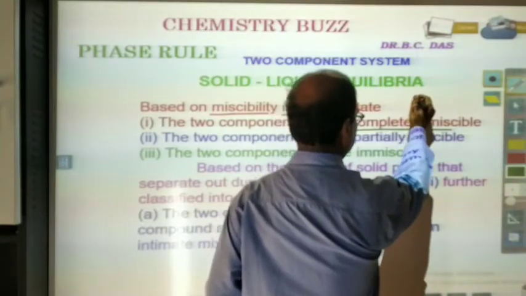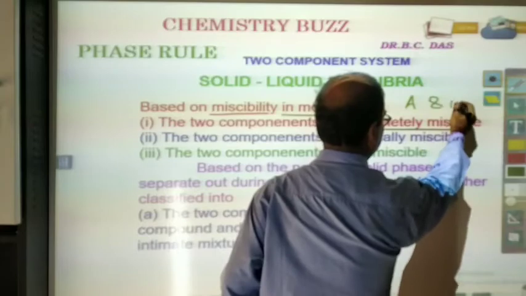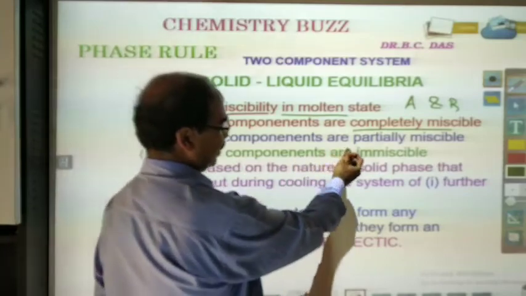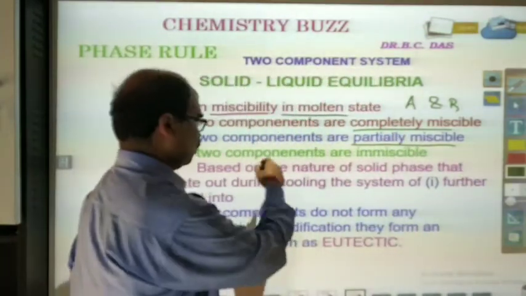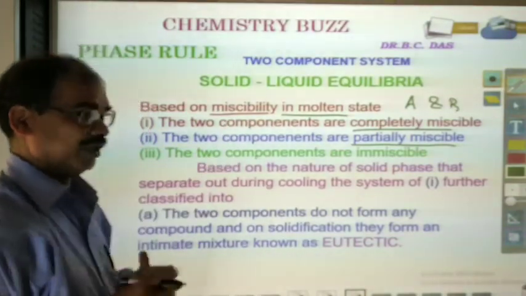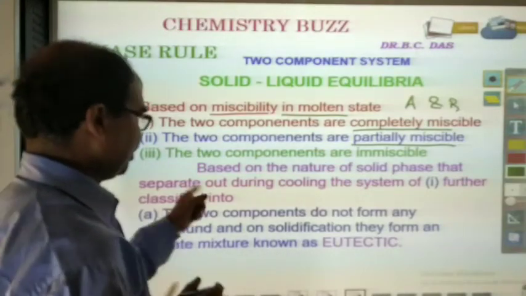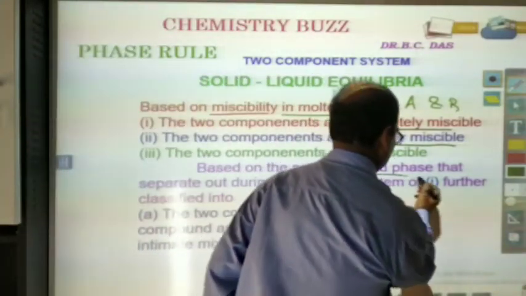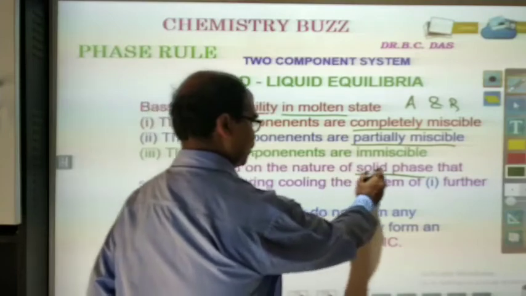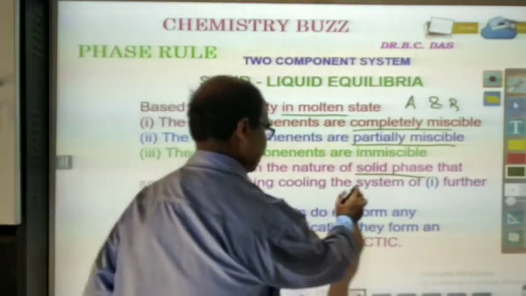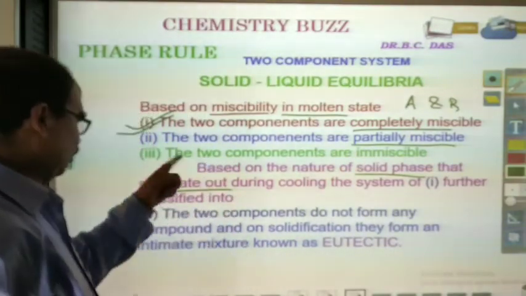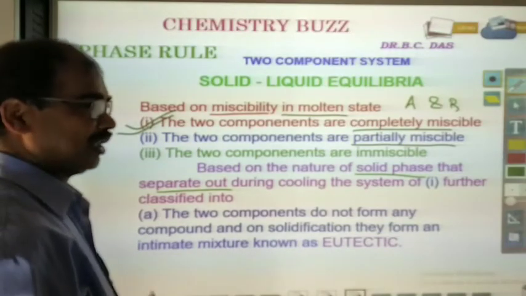The two components, we have taken A and B, may be completely miscible, partially miscible, or immiscible. So there are three different possibilities when we are mixing two components. Based on the nature of solid phase that separates out during cooling, the system is further classified into different categories.